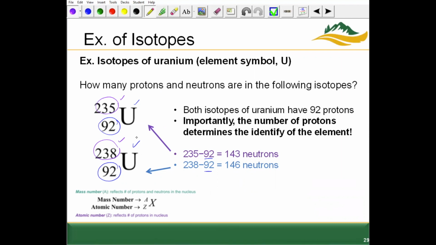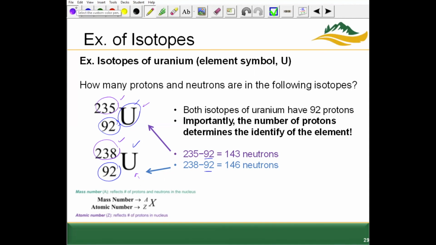A trick question here could be how many protons are in this isotope of uranium, but then how many protons are in this isotope of uranium? What do you say to this? Well, there's still 92 protons, of course, despite it being an isotope. That doesn't matter. The number of protons tells us what element we're dealing with.